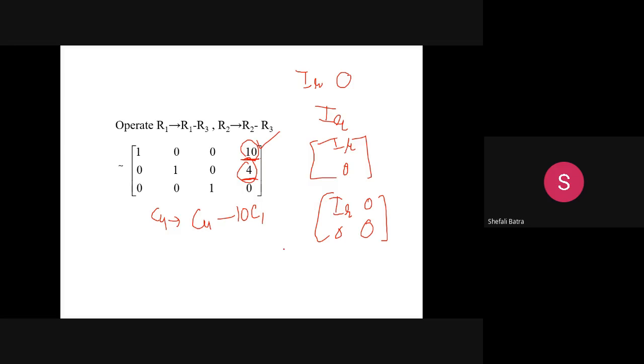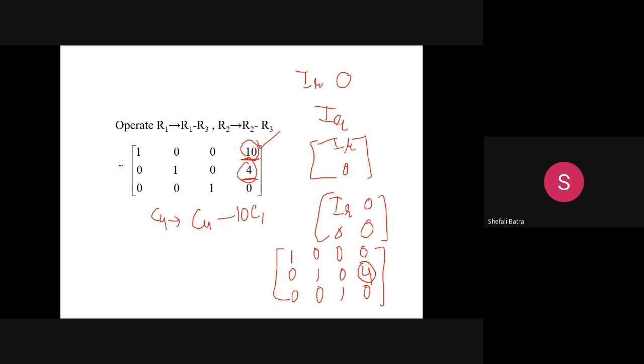So after applying this, 1, 0, 0, 0, 1, 0, 0, 0, 1. Now C4, 10 minus 10 times of C1, that is again 0. This is 4 and then again it is 0. Now next is you need to make this entry 0. For this entry we will use which column?